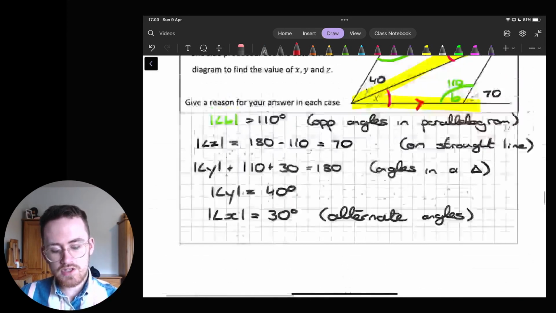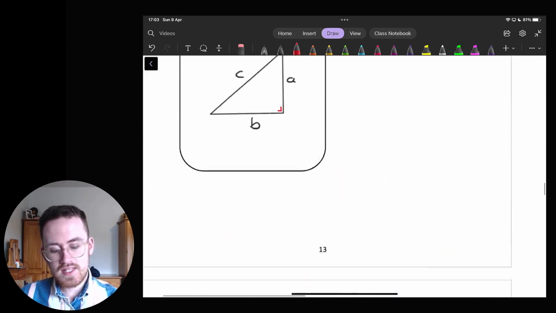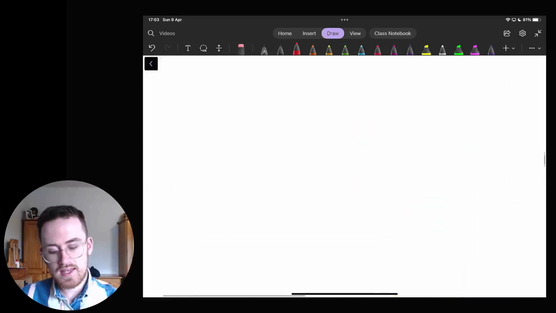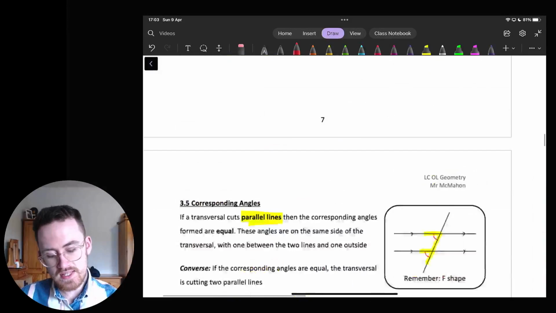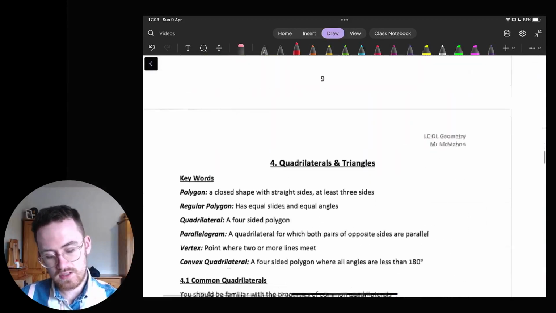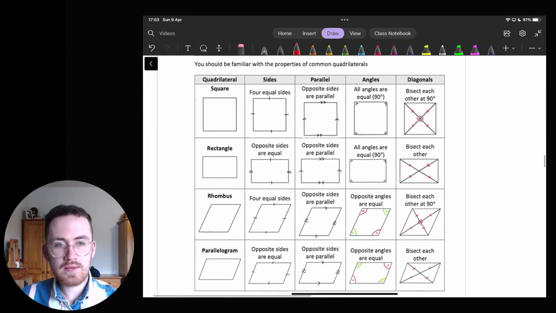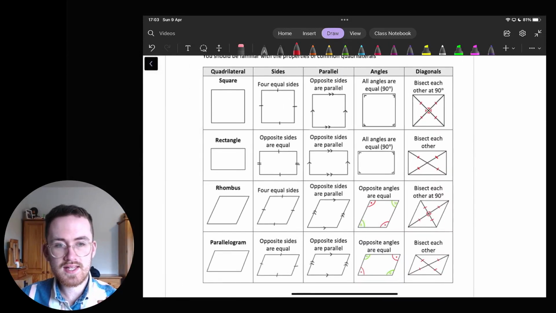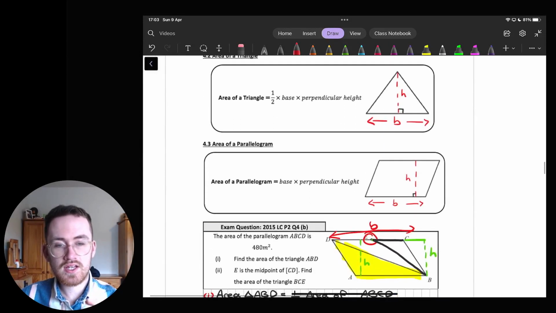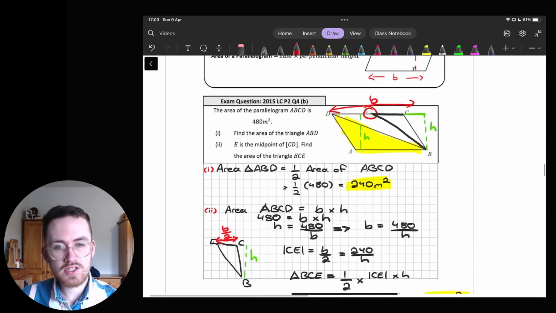Then going back to the parts here from the start, we had the different types of shapes, so your different types of quadrilaterals, so you need to make sure you're happy with how all the angles and sides interact in those. Area of triangle, area of parallelogram, and we saw the exam question with that.